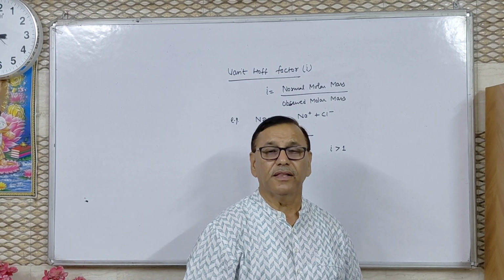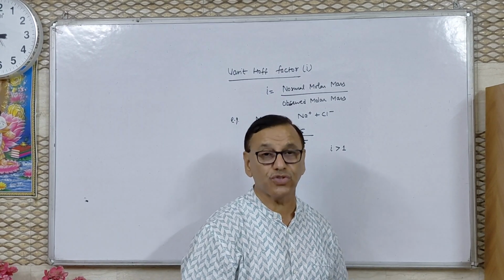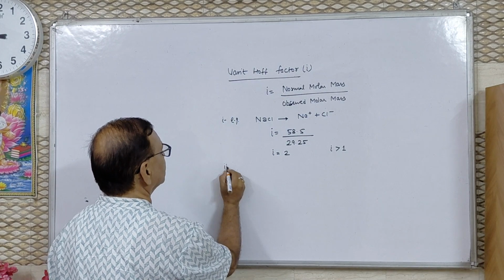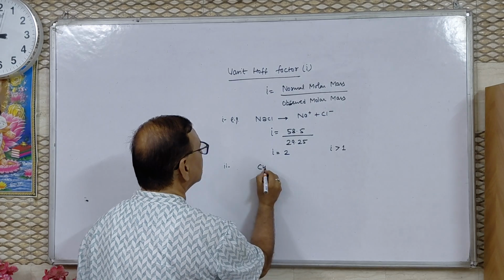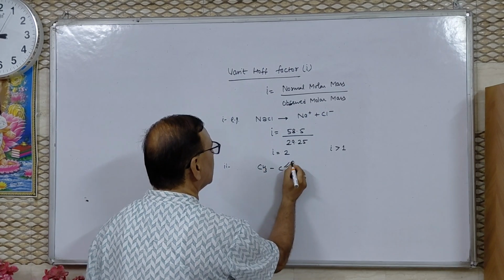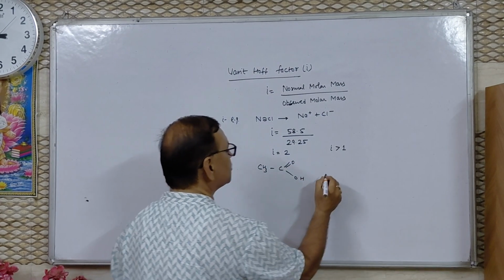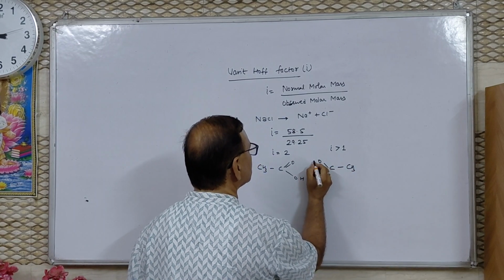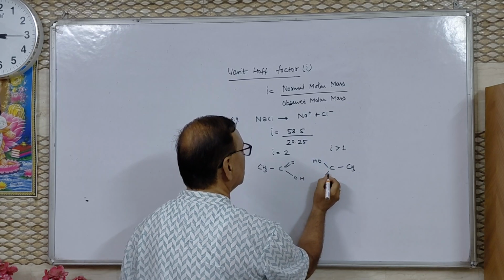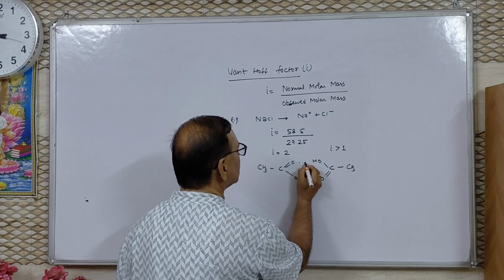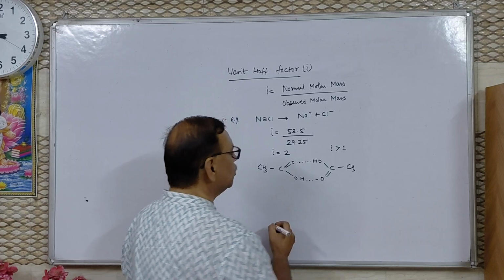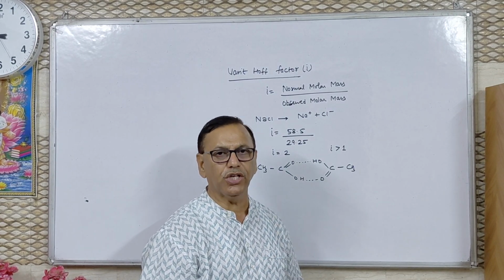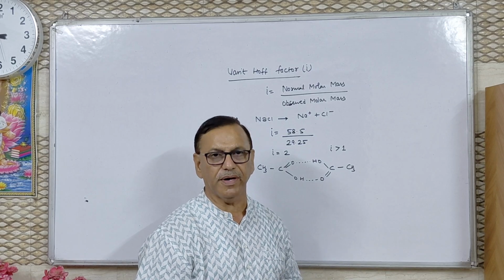In case the substance is undergoing association, for example, acetic acid, CH3COOH. In the solution, it will undergo association. When it undergoes association, two molecules will unite and form a single molecule, which is called a dimer.